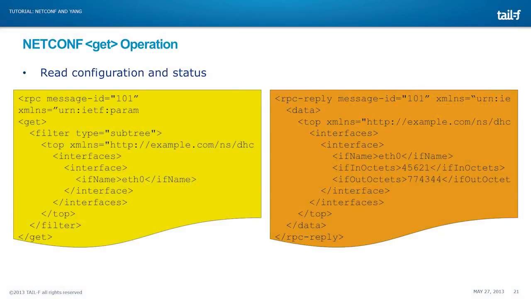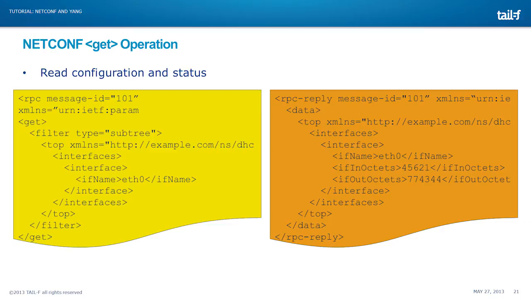So here we see an example of the Get. The Get is applying a filter of type subtree. What this means is we're not going to fetch an entire namespace contents. A namespace, remember, is tree or hierarchical shaped because we're in the XML world.